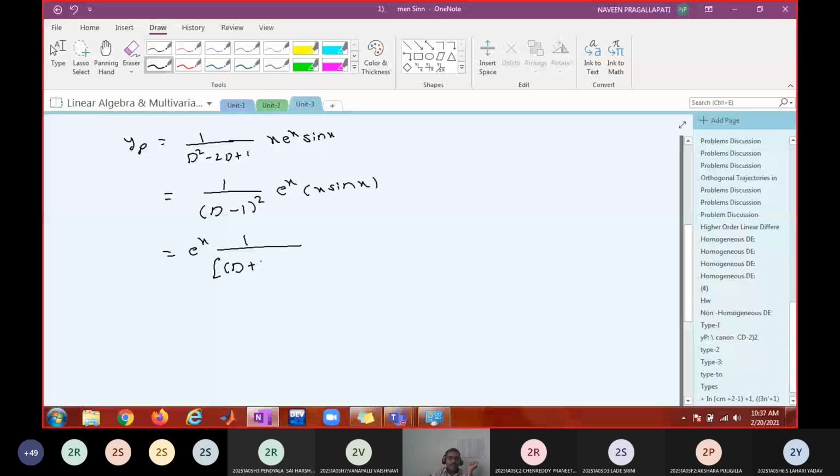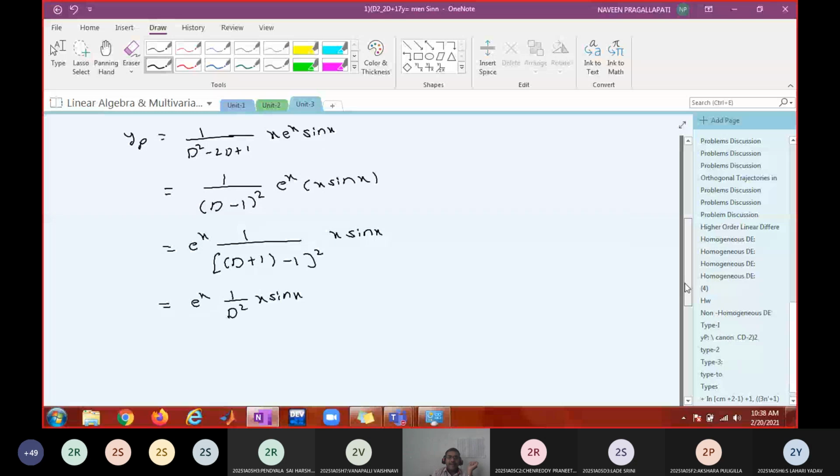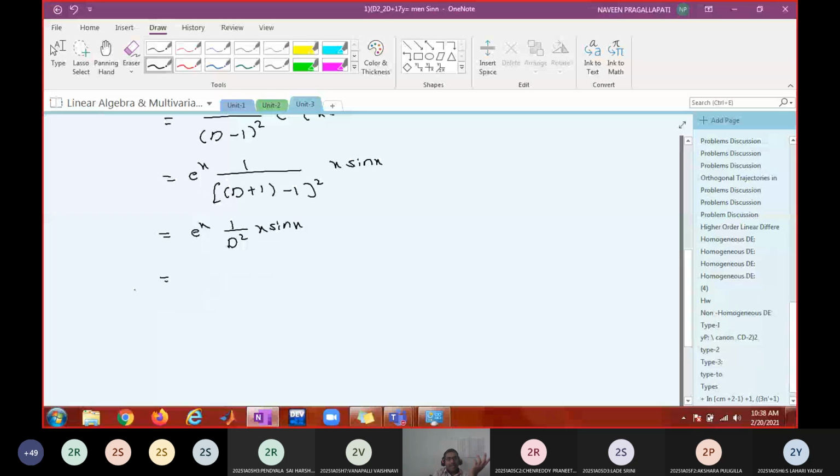So this is e power x into 1 by d square of x sin x. Either you apply 2 times integration or you apply the type 7 formula, x into v of x. What is the x into v of x formula?